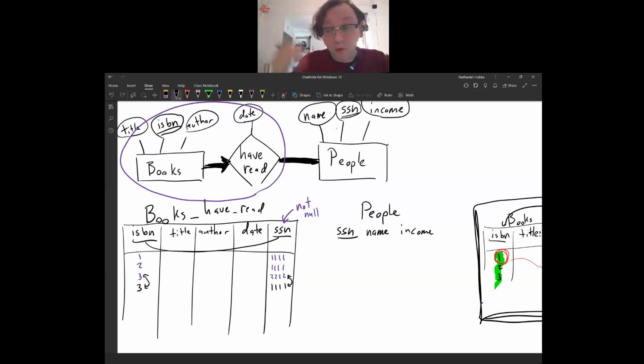But now there's a book that has been read more than one time. But we don't want books that can be read more than one time. We want books that have been read exactly one time. So if you make it a composite key, then that would allow for these two entries, but that should not be allowed. Make sense?